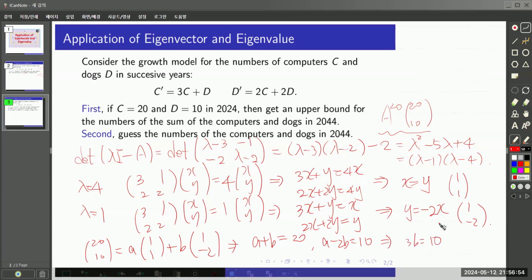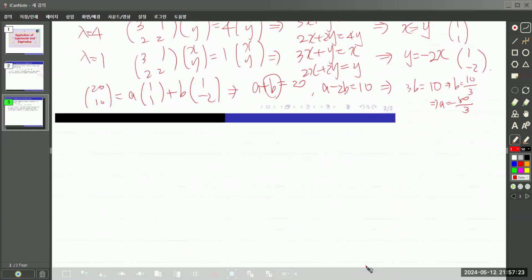If you subtract, 3b equals 10. Then b equals 10 over 3, and a equals 50 over 3. So (20, 10) equals 50 over 3 times (1, 1) plus 10 over 3 times (1, negative 2).